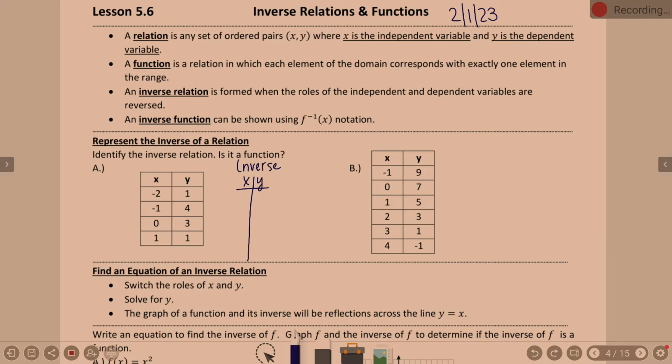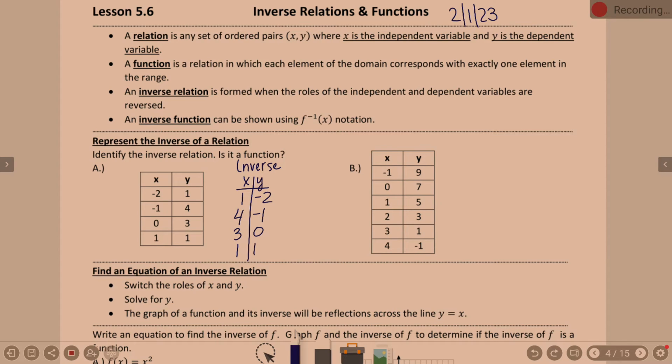So negative 2, 1 in the original relation becomes 1, negative 2 in the inverse. Just taking the x and the y and switching them. So what else? Negative 1, 4 becomes 4, negative 1. 0, 3 becomes 3, 0. And 1, 1 becomes 1, 1.